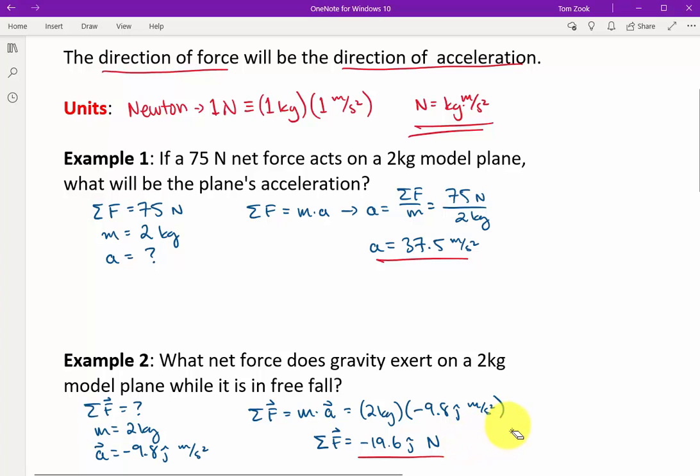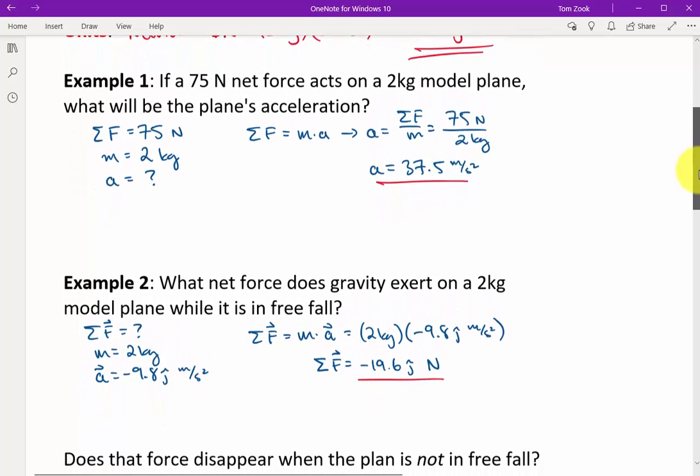The question we want to think about next, which leads into another set of notes, is what if the plane is not in free fall? What if it's sitting on a tabletop? It's no longer accelerating, so there's no longer a net force, but if gravity is producing the acceleration and gravity is exerting a force on it while in free fall of 19.6 downward, does that force disappear when the plane's not in free fall?